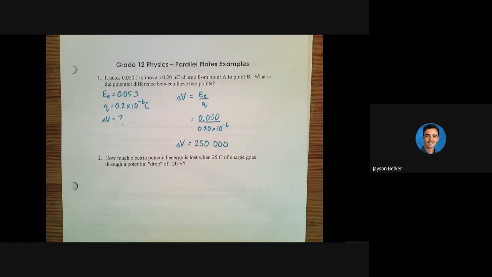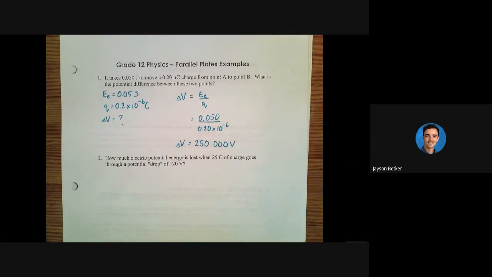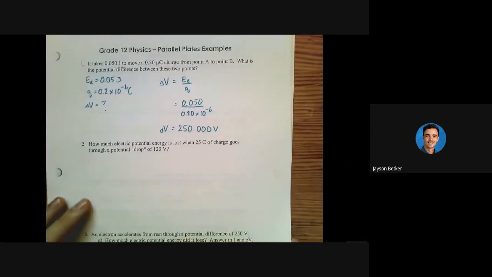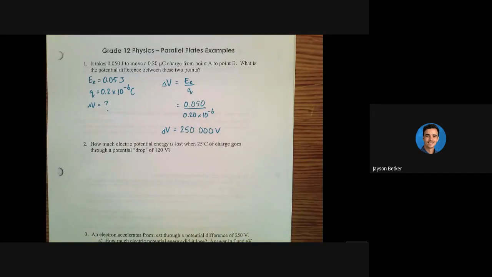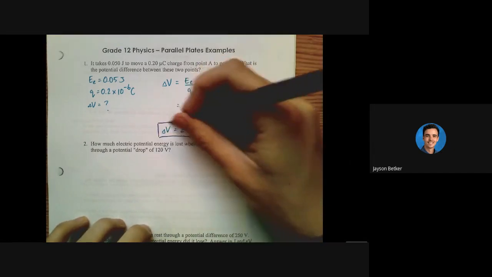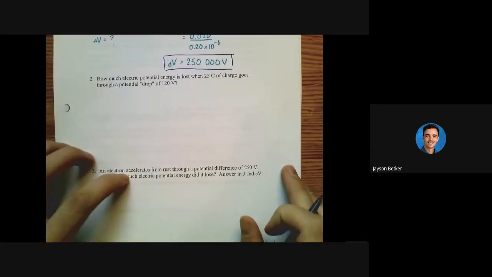What do I measure potential difference in again? Volts. And just so you know, we can use volts or we can use joules per coulomb. This comes from energy divided by charge. So anyways, there's our final answer. Pretty straightforward so far. Let's move on.